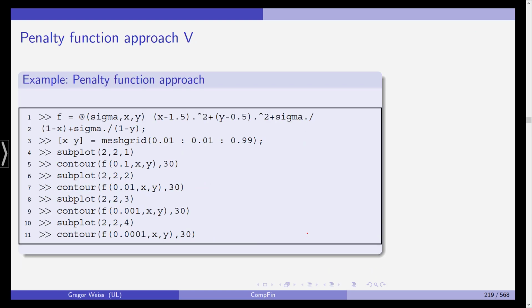We define f, and we're using a meshed grid to plot this, and we are plotting the contour plot of f for different values of the parameters. So you can see we start out at 0.1, 0.01, 0.001, 0.0001.